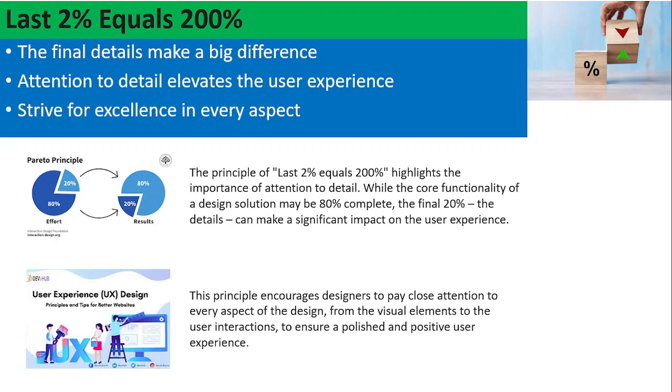Attention to detail elevates the user experience. This principle encourages designers to pay close attention to every aspect of the design, from the visual elements to the user interactions, to ensure a polished and positive user experience.